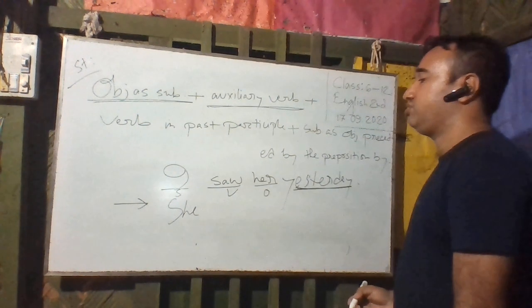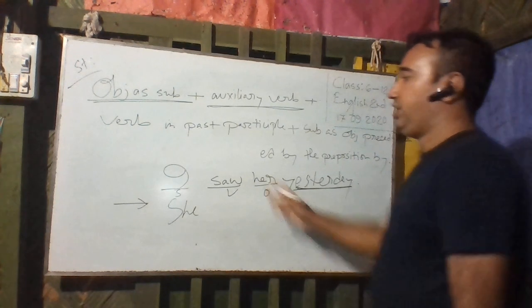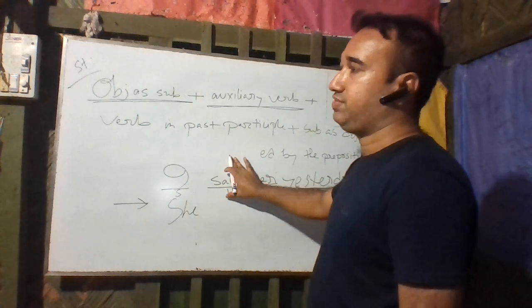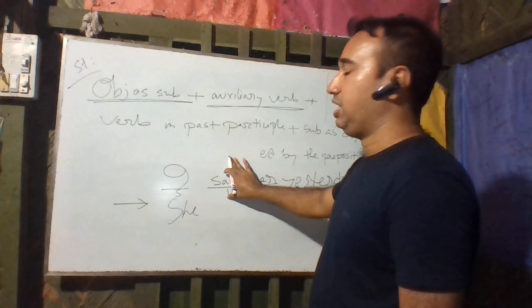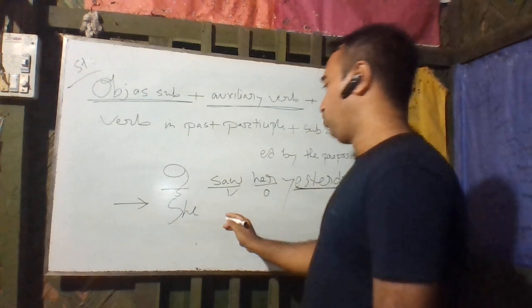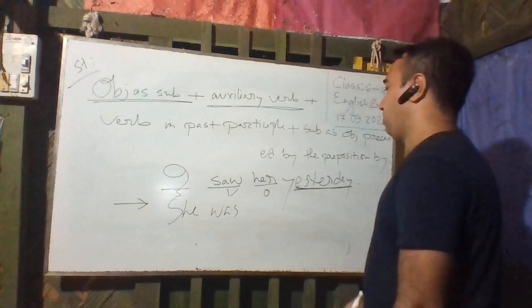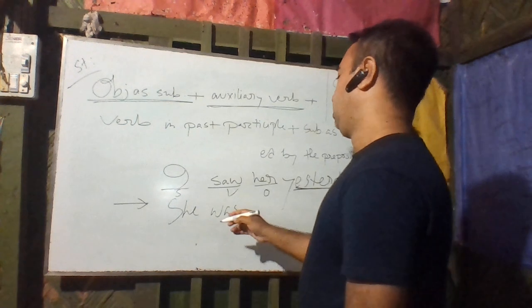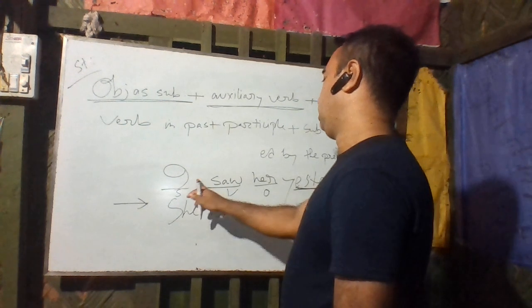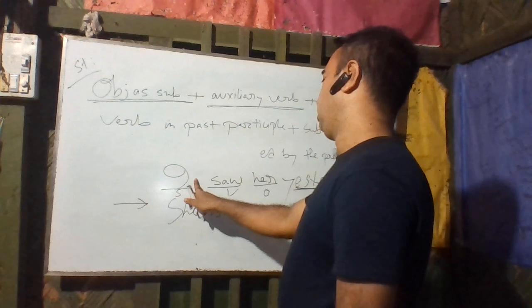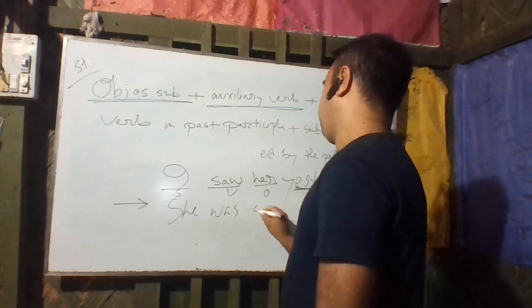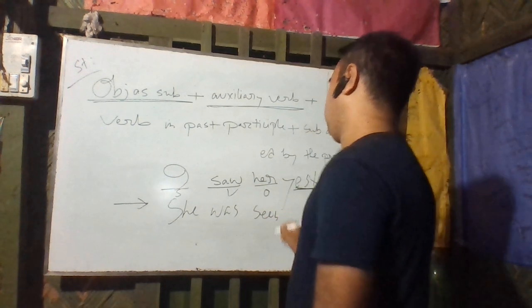What auxiliary should I use? If the verb in the active sentence is in the past form, then you have to use auxiliaries was or were. She was. Verb in past participle, seen. She was seen.